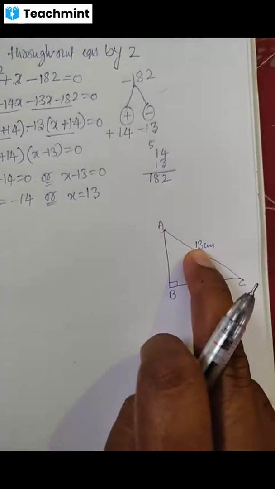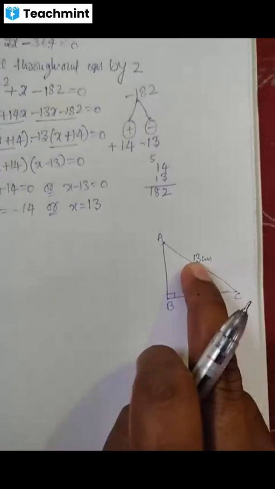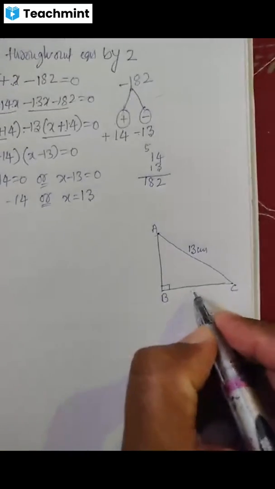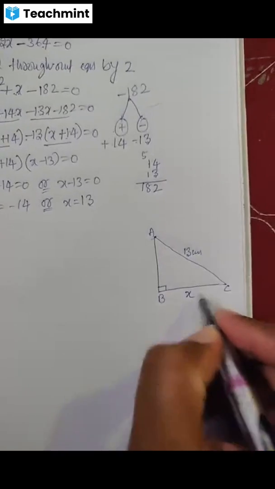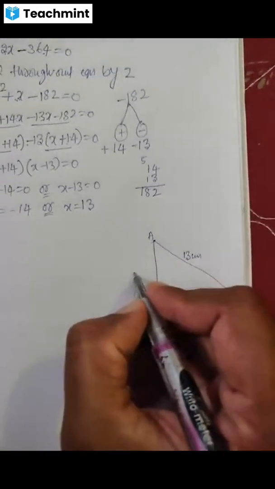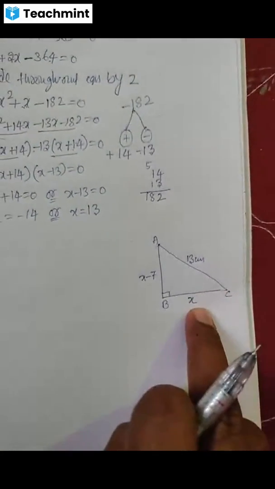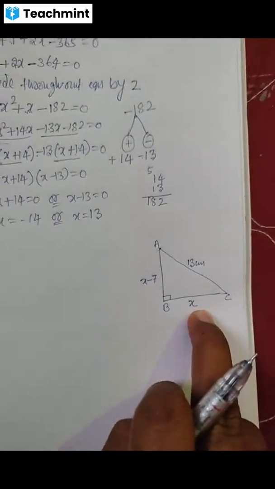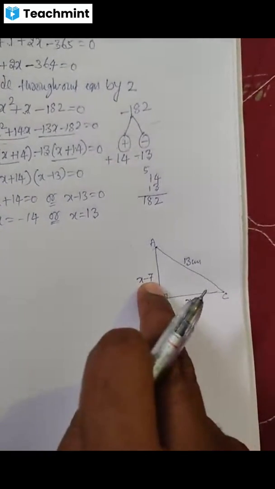They have given a statement that the altitude of a right triangle is 7 centimeter less than its base. If you take the base of the right angle triangle as x, then the height is 7 centimeter less than its base, which means x minus 7.